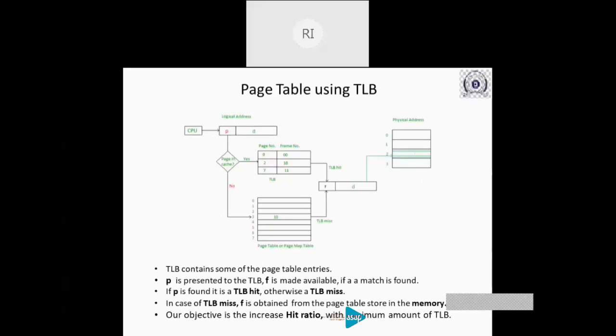We have a limited amount of TLB, so we have a limited amount of associative memory. So TLB contains only some of the page table entries.